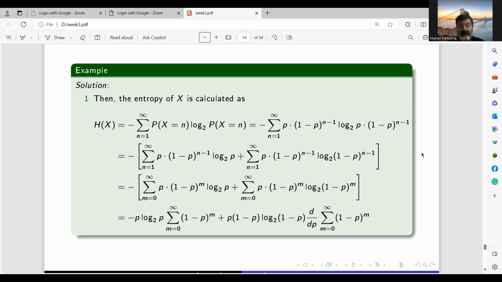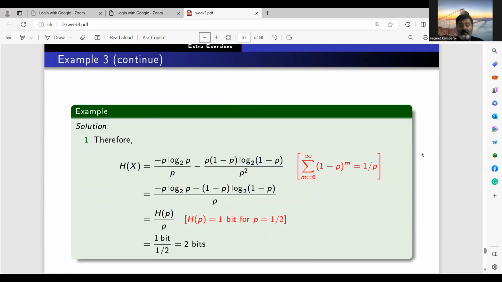You could further write, since p log with base 2 of p in the first sum does not depend on m, I can bring it outside, and I have minus p log with base 2 of p, sum of m from 0 to infinite, 1 minus p to the power m, plus in the second sum, I can write this one as p times 1 minus p log with base 2 of 1 minus p, the derivative with respect to p of the sum m from 0 to infinite 1 minus p to the power m.